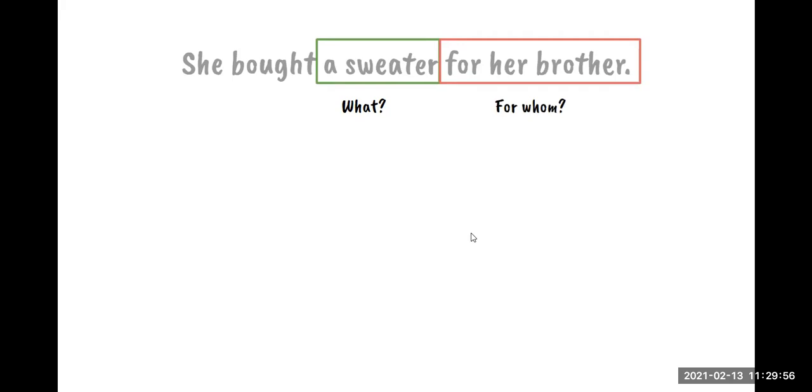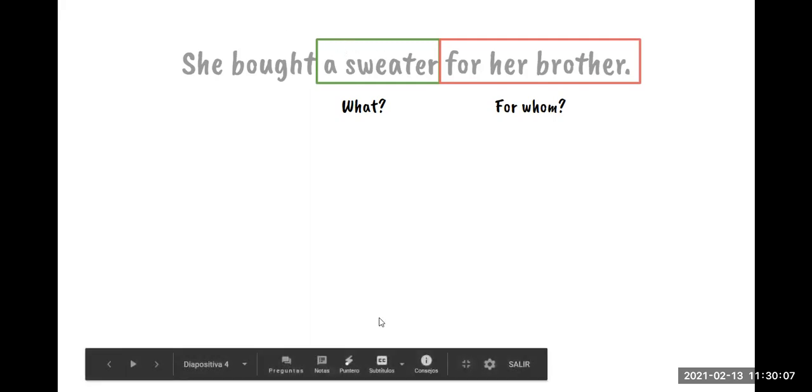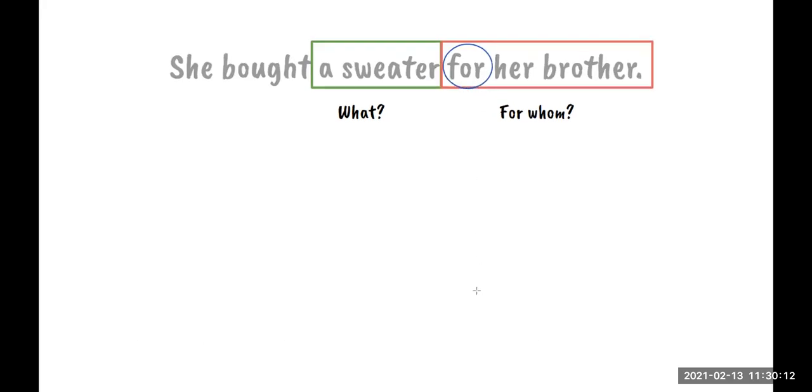So do you think we can change this sentence with the other pattern? Because here we have direct object, we have a preposition, and then we have the indirect object. What do you think? Can we change the sentence with the other pattern? It could be something like she bought for her brother a sweater.